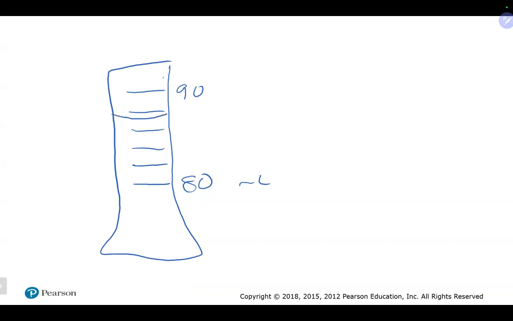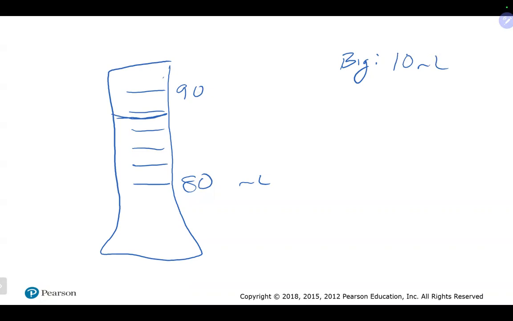And let's put it right about there, right? All right, in this particular case, the difference between our big markings is how much? It is 10 milliliters, right? Between 80 and 90 is 10 milliliters.